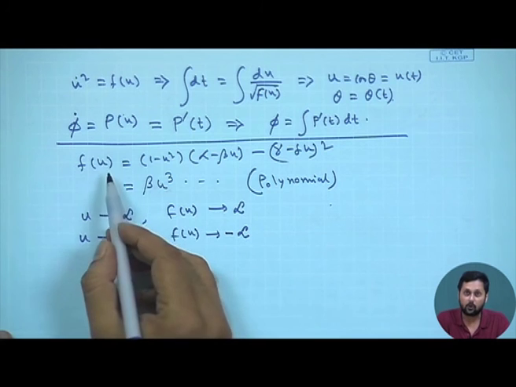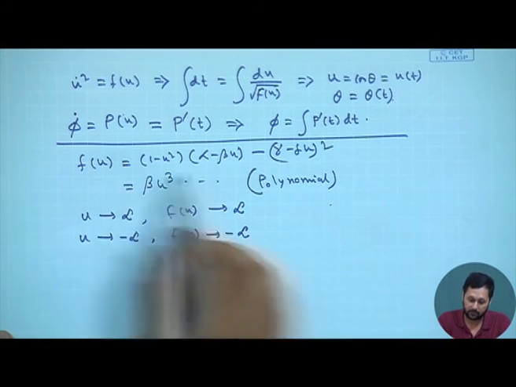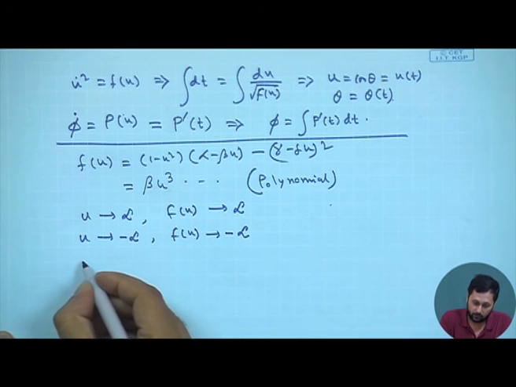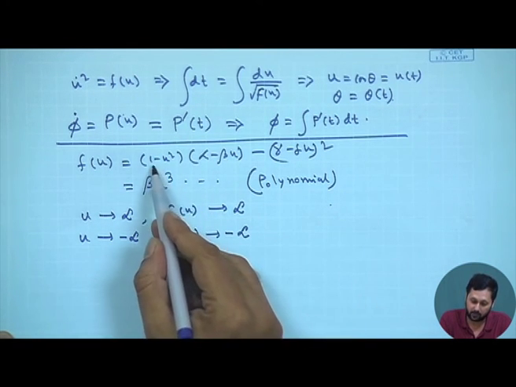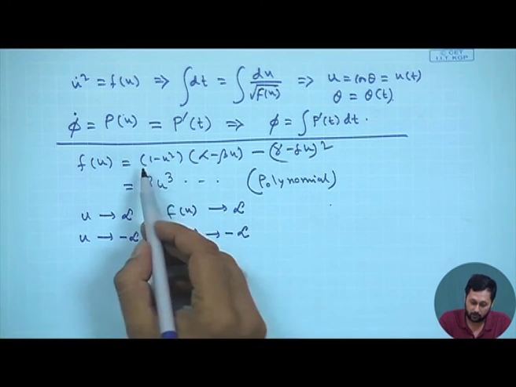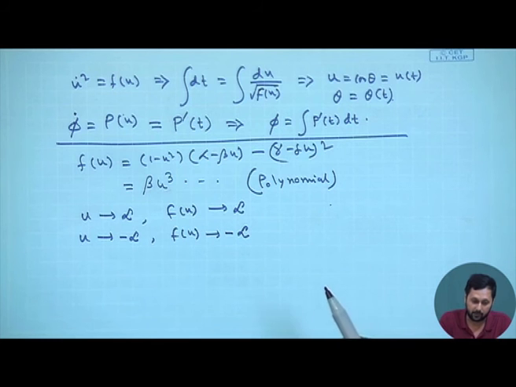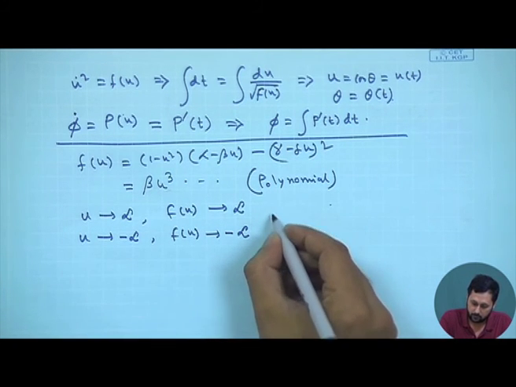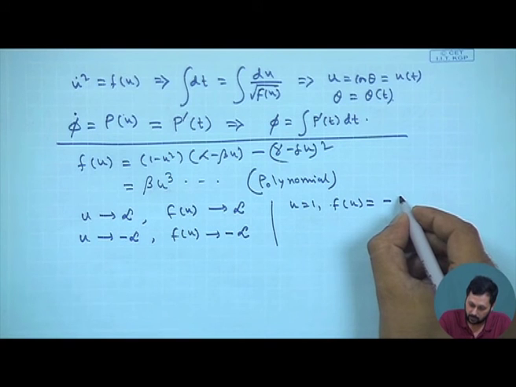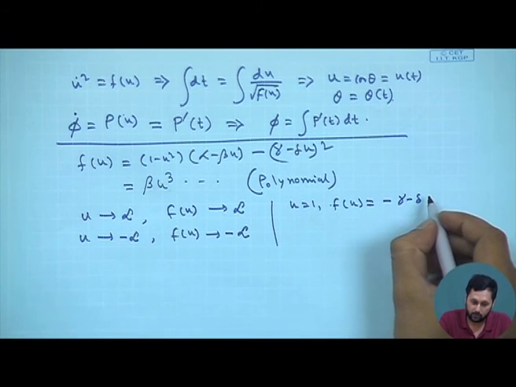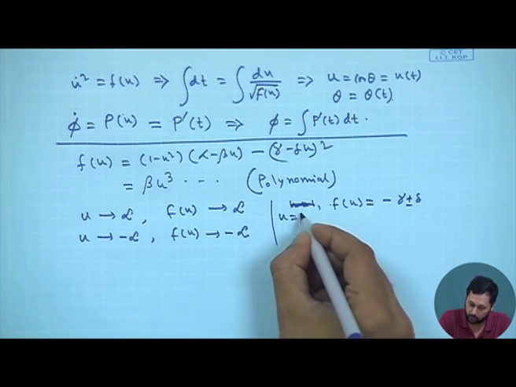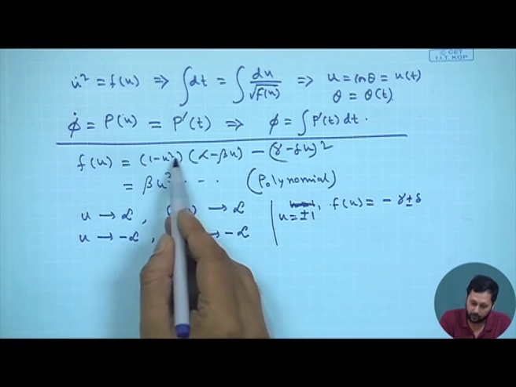If we try to draw a quantitative description of it, please understand that if you put u equal to plus or minus 1 in this expression, in both cases the first term will definitely vanish, because it is 1 minus u square.